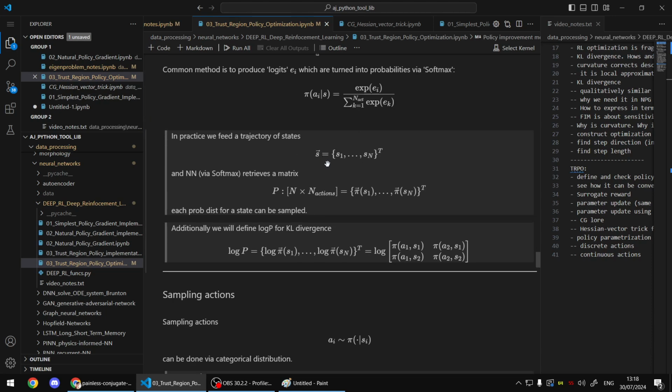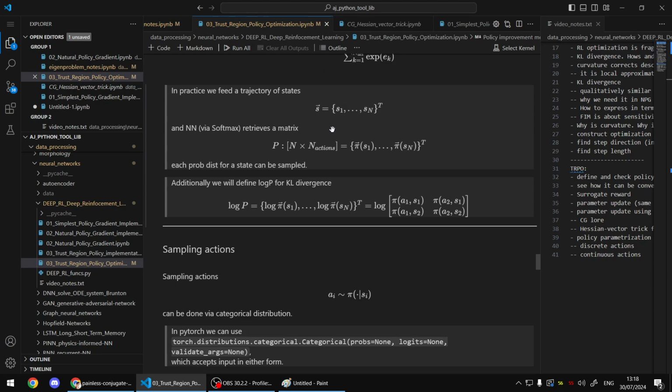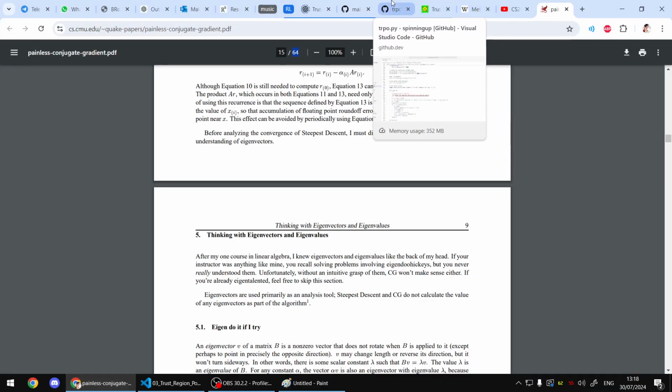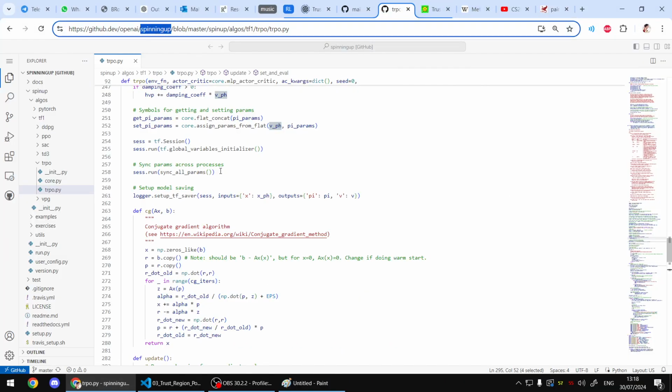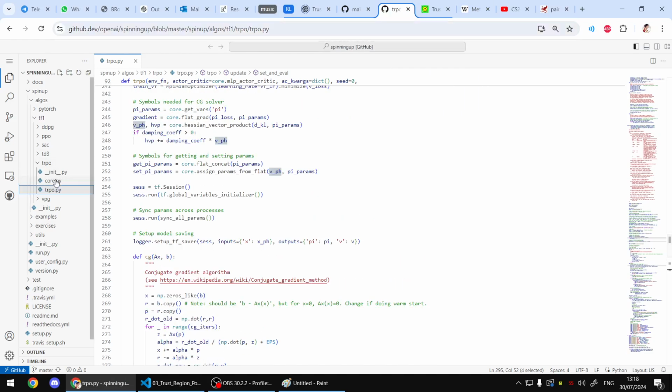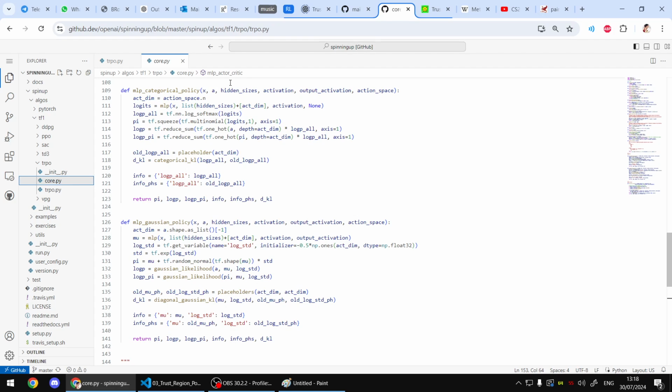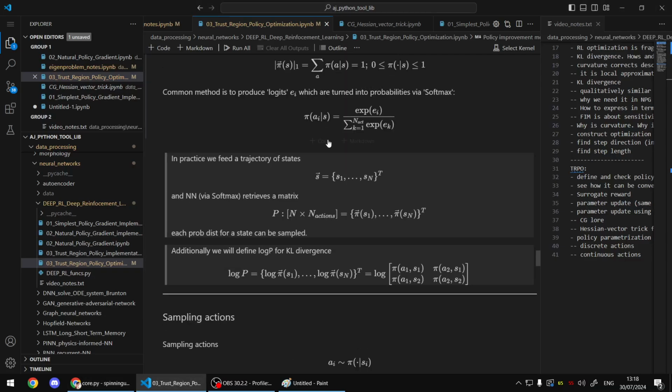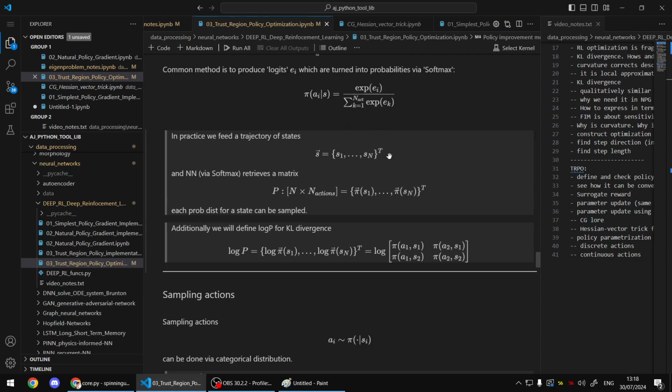There's a practical implementation. You can see it in actual TRPO, this model from OpenAI, but it's kind of boring. What they propose is basically to calculate it using log probabilities.